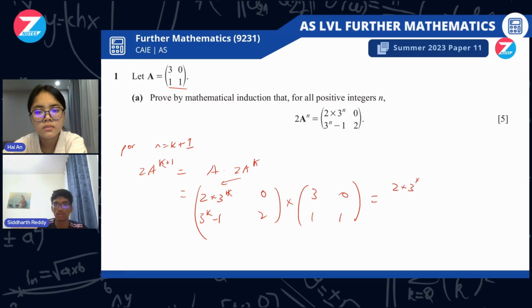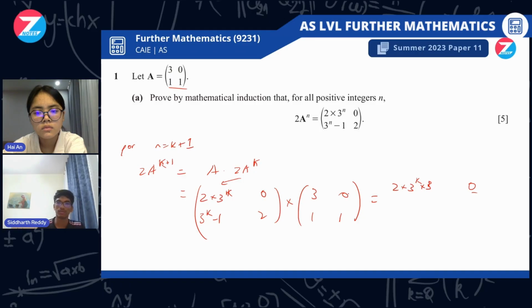So if we do the matrix multiplication, we have 2 times 3 to the power k times 3 plus 0 times 1, which is just 0. And then on this side, we have 2 times 3 to the power k times 0 plus 0 times 1, which is just 0 again.